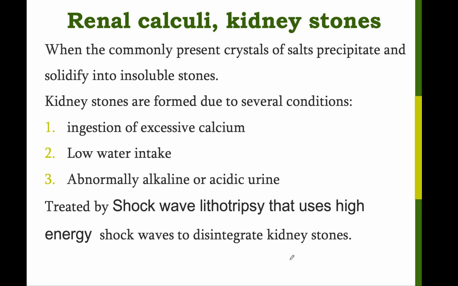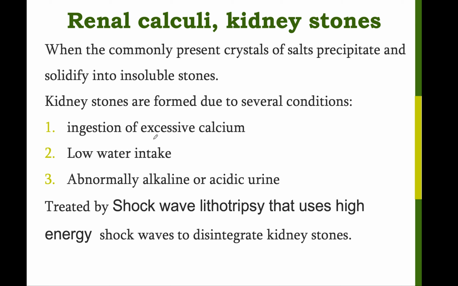The other common disease is renal calculi, or kidney stones. That occurs when there is excessive ingestion of calcium, or low water intake, or sometimes if the urine is more alkaline or more acidic than normal.